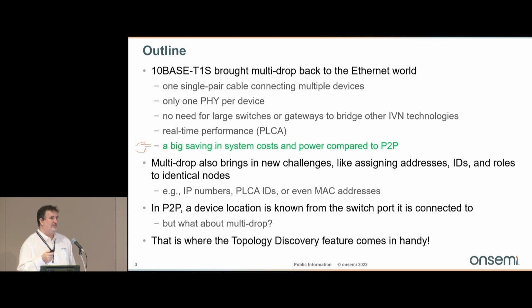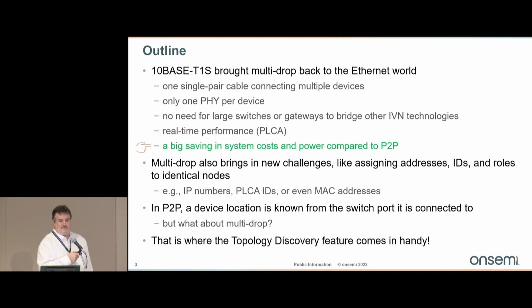However, with multi-drop, we are also bringing back some new old challenges. For instance, you want to identify the nodes that are plugged into your multi-drop network, for the purpose, for example, of assigning IDs and application roles, like IP numbers, PLC IDs, and even MAC addresses.